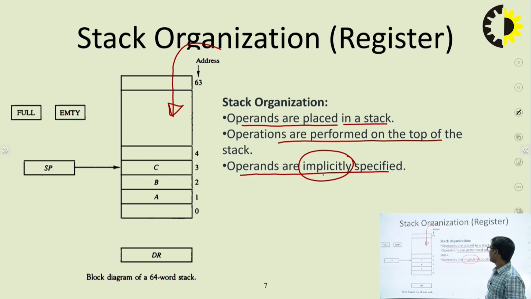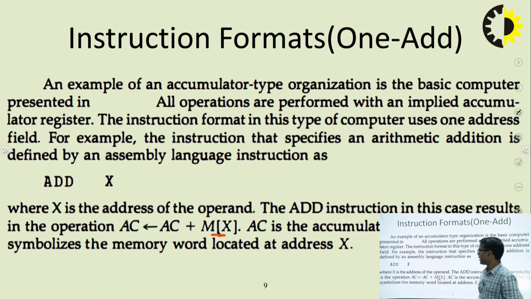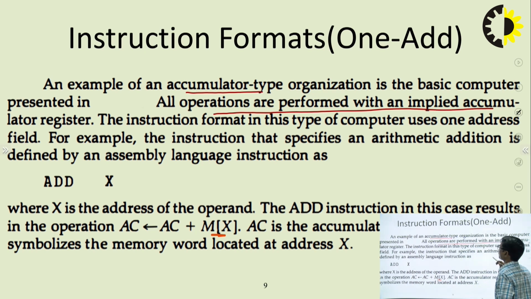Okay. Now, we can do push and pop operations in the stack organization. Now, if we have these three different types, we can perform various operations. For example, if we go for the accumulator, all the operations are performed with the implied accumulator, a simple accumulator register.